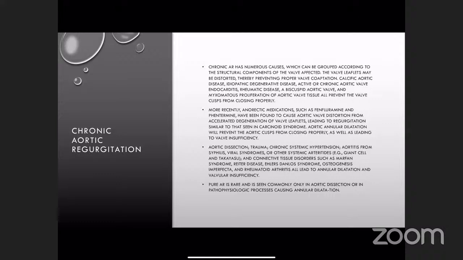Calcific aortic disease, idiopathic degenerative disease, active or chronic aortic valve endocarditis, rheumatic disease, bicuspid aortic valve, and myxomatous proliferation of aortic valve tissue all prevent the valve cusps from closing properly.